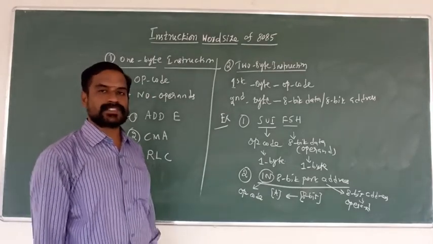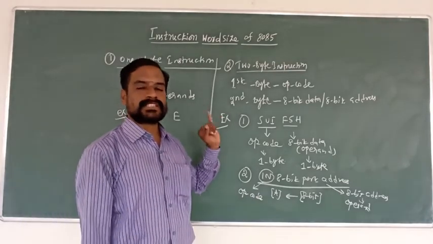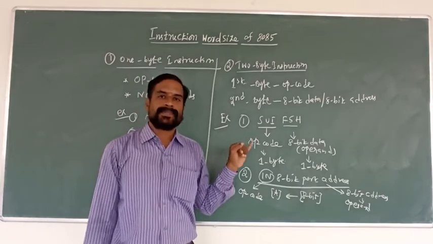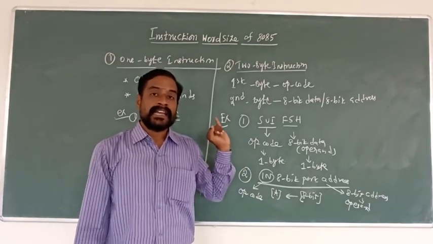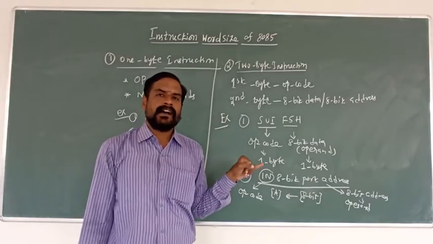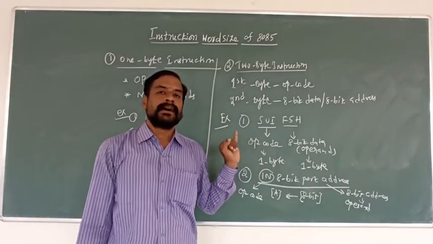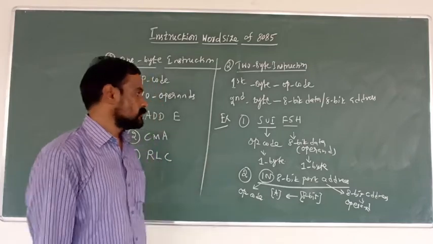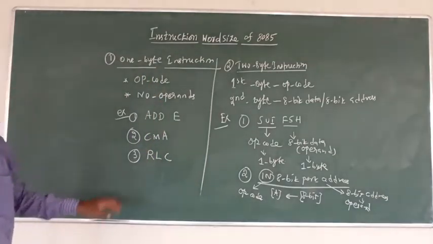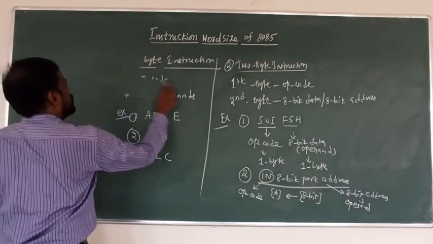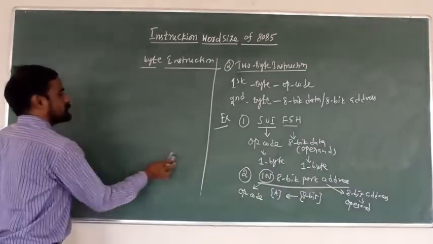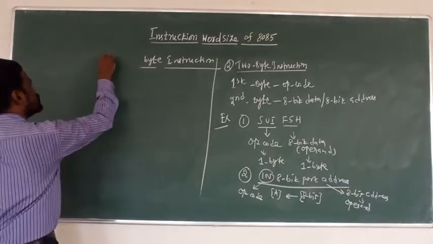A 2 byte instruction means it consists of the first byte opcode, and the second byte will be either 8-bit data or 8-bit address. Okay. Next one, 3 byte instruction.